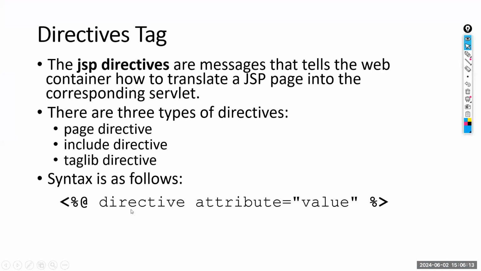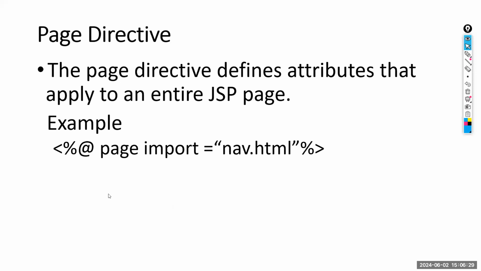Then you have the directives, like page directives, include directives, tag lib directives. Those are a little bit advanced concepts. For that you have the percentage ampersand mark. This is a page directive where you want to import, something like include.